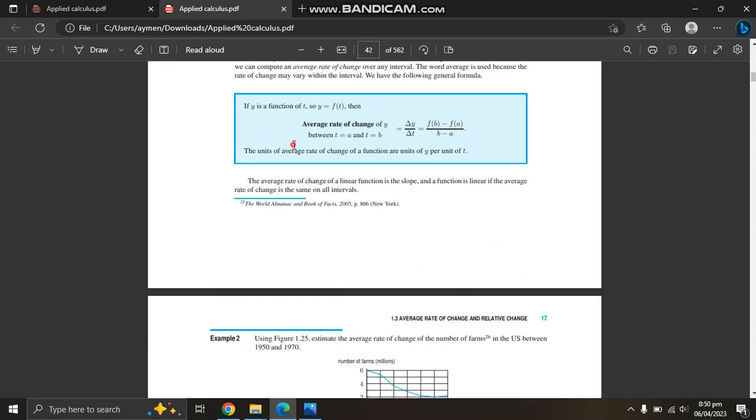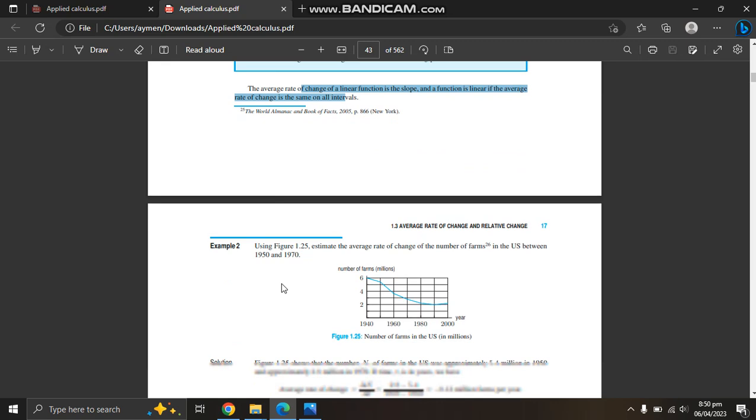The units of the average rate of change are units of y per unit of t. For a linear function the rate of change is the slope, and the function is linear if the average rate of change is the same for all intervals.